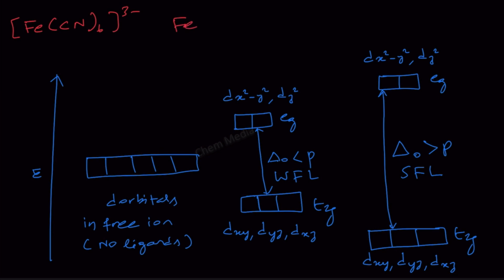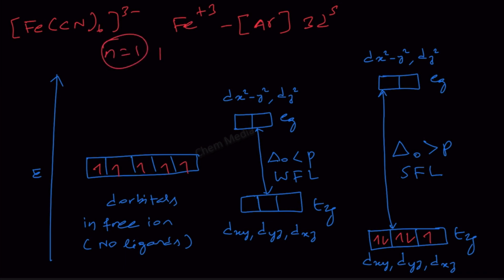Here too, Fe is in +3 oxidation state. Therefore, the electronic configuration is once again argon and then 3d5. We have 5 electrons here. However, cyanide is a strong field ligand. Therefore, the crystal field splitting energy is greater than the pairing energy. This means pairing will occur. So this means we will have only one unpaired electron, n equal to 1.